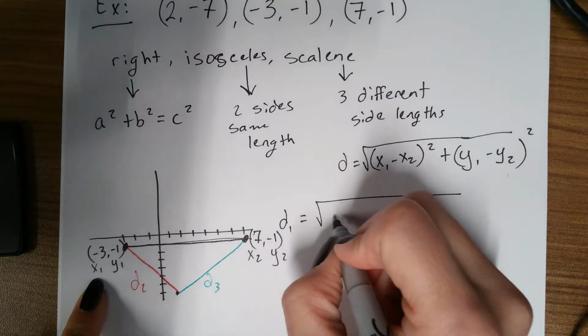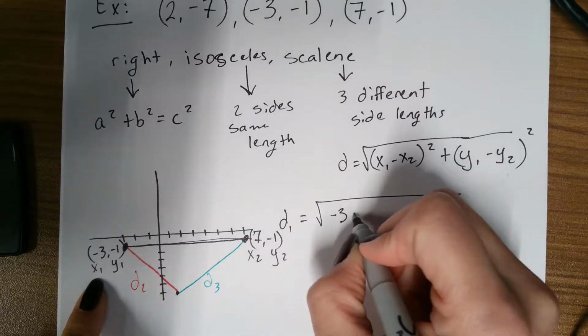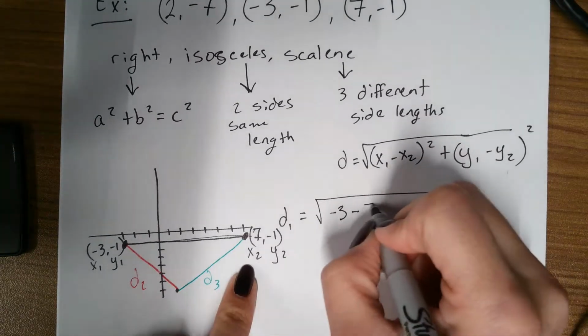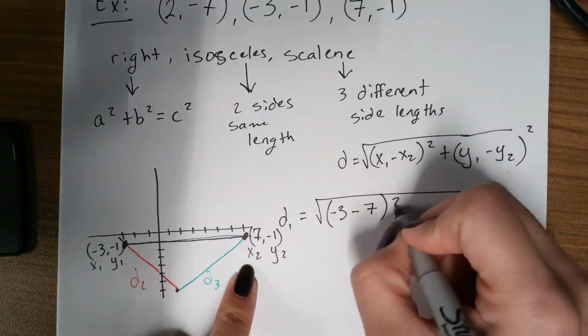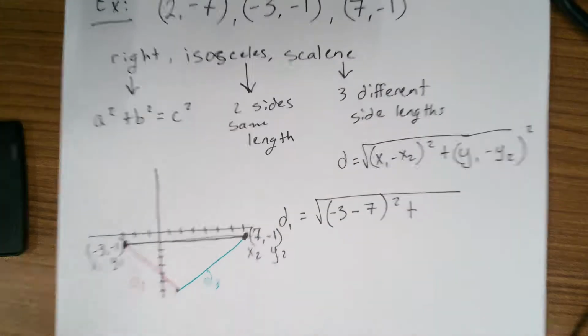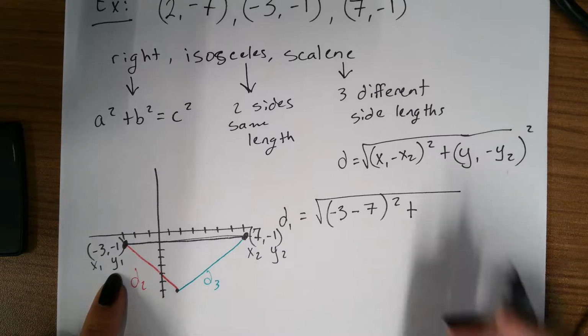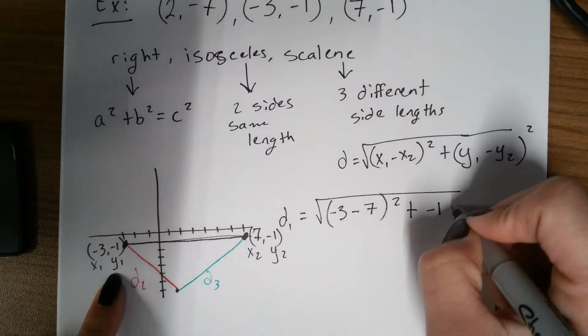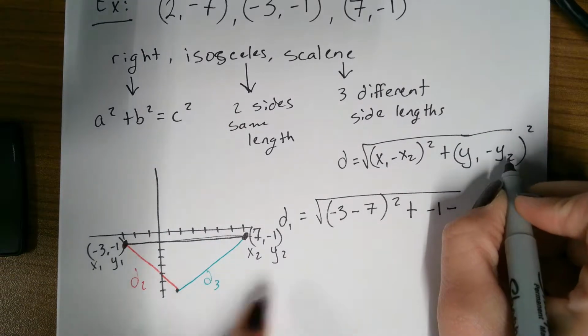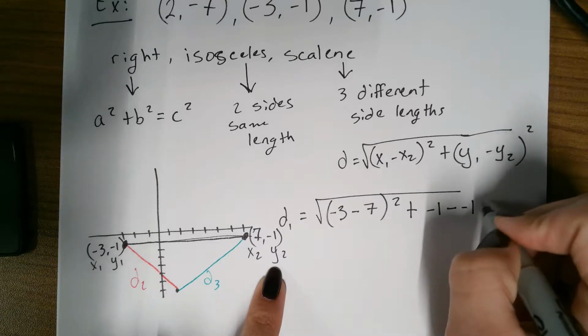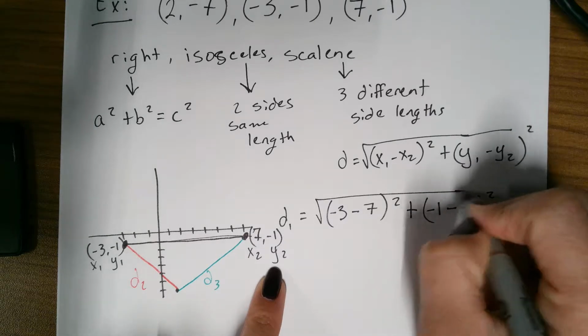So x1 we designated as -3, minus is part of the formula, x2 is 7, all of that squared, plus the same thing with the y values. So I'm going to have y1, which is -1, minus, part of the formula, y2, which is -1. There we go, squared.